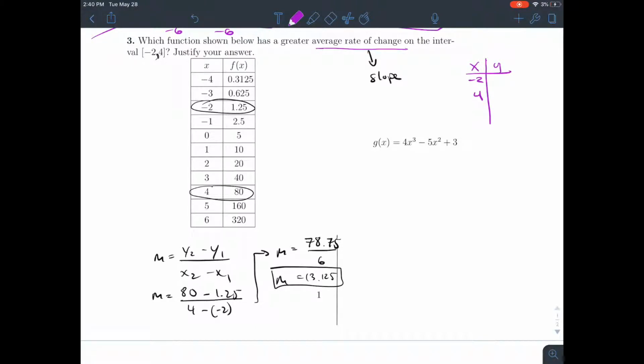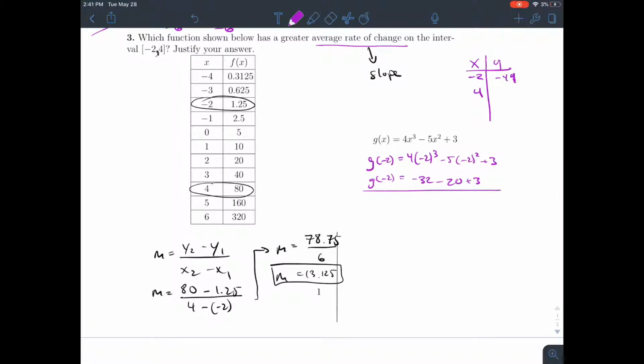So we should substitute in our points. g of negative 2 is equal to 4 times negative 2 cubed minus 5 times negative 2 squared plus 3. g of negative 2 is equal to negative 4 times negative 8, which is 32, minus 20 plus 3. Hopefully I'm doing this math right, but I'm sure you guys will catch me if I'm not. This is negative 49.